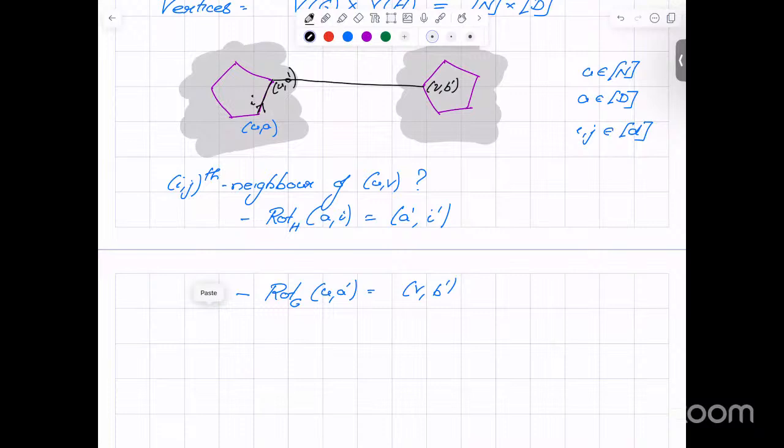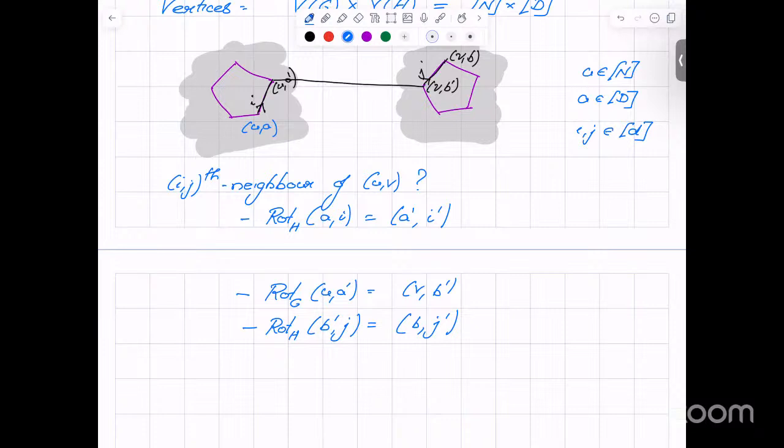Then you take the jth neighbor of B prime within that cloud. That possibly takes you to VB. You then apply rot H of B prime on J, and we get B comma J prime.